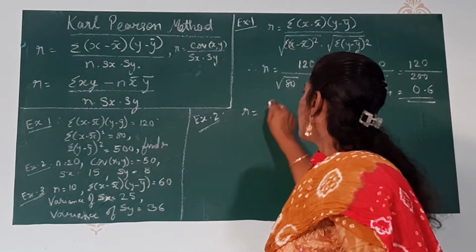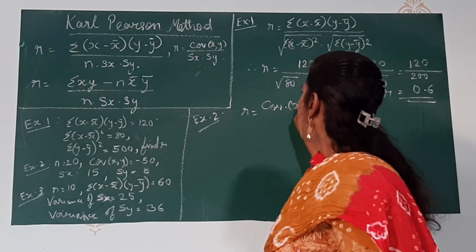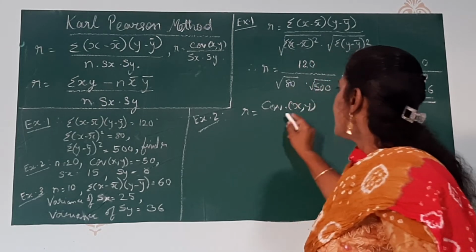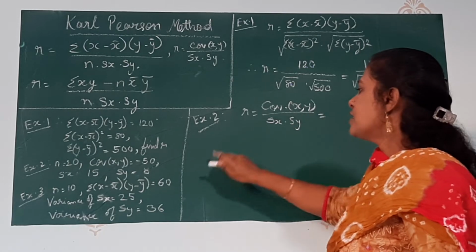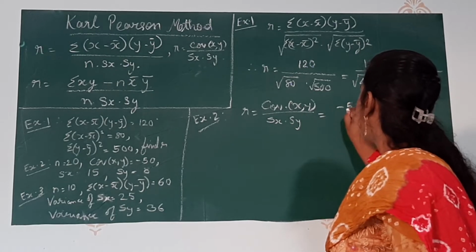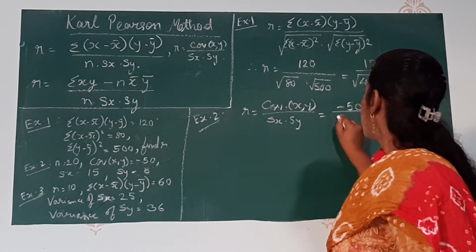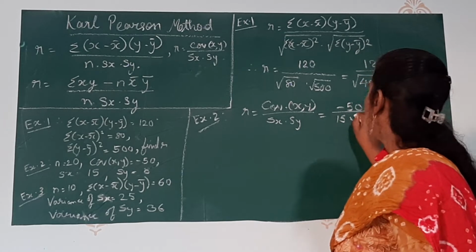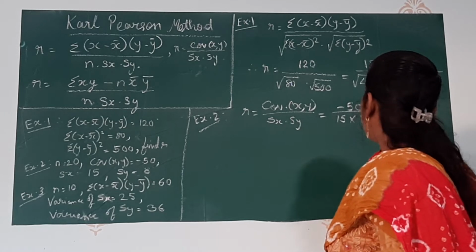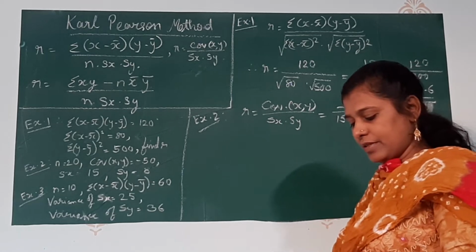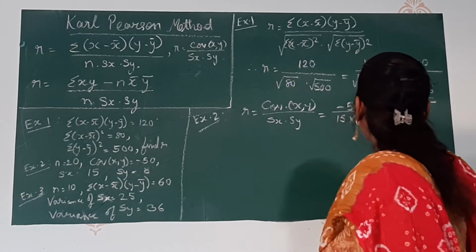So here again r equals, we will first write the formula, covariance xy upon sx into sy. Covariance is minus 50 upon sx is 15 into sy is 8. So minus 50 upon 15 into 8, that is 120.